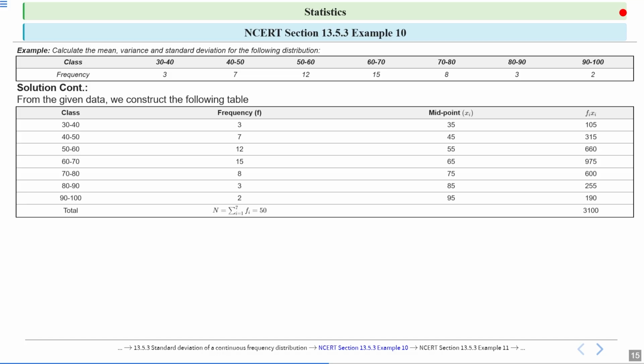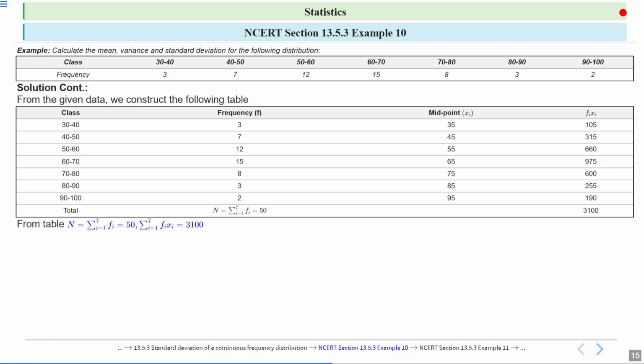So here you may ask how we find midpoint xi. So 30 to 40, here the midpoint is 35. Okay, so we have taken here average of lower limit and upper limit of that specific class. Okay, and we obtain midpoint xi.